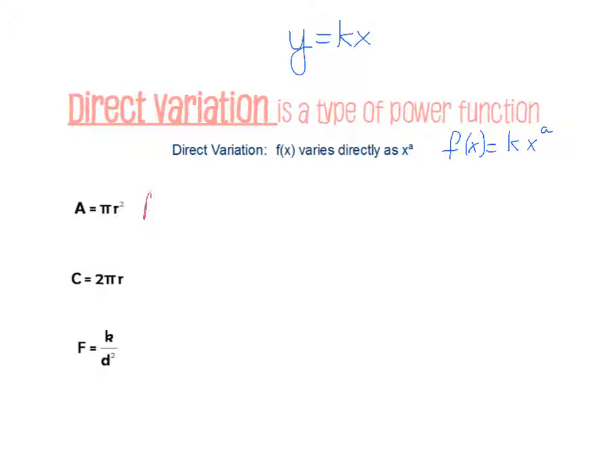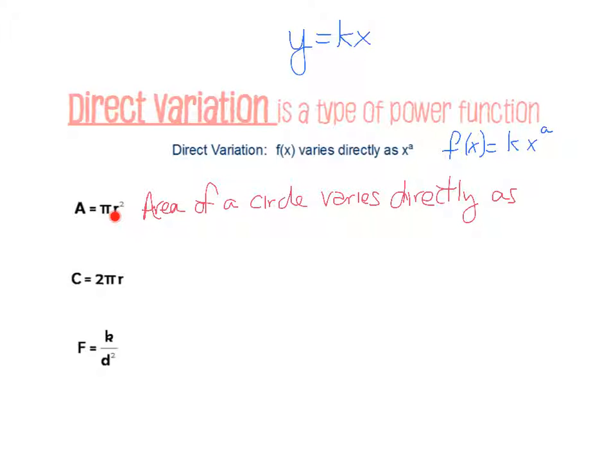So I'm going to start off and say the area of a circle varies directly. Sometimes we use the word proportionally as, and you look at what the variable is here. Pi is not a variable. Pi is a constant. Pi is your k value.